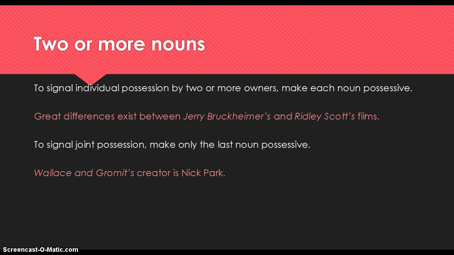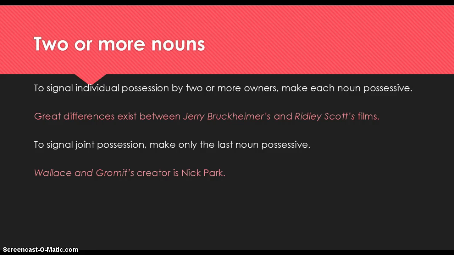Now, if you have two or more nouns, there are different ways to make them possessive depending on the situation. If you're trying to indicate individual possession by two or more owners, each one of the nouns has to be possessive. Here's the example. Great differences exist between Jerry Bruckheimer's and Ridley Scott's films. We're talking about two completely different people, both of whom are filmmakers.